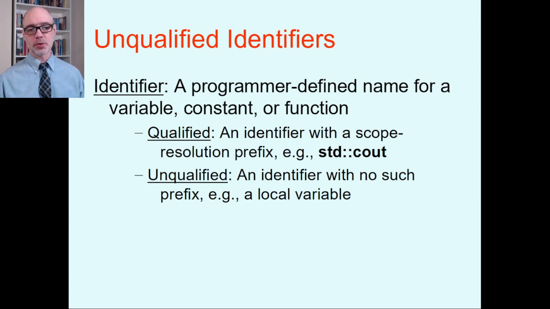Probably what you are doing is you're using unqualified identifiers that don't have a prefix like that. So for example, just a simple basic local variable without a prefix, that's an unqualified identifier. So if you get an error that says unqualified ID expected here, that's a location that probably needed a variable or maybe a constant and you forgot to put it there. So look at that carefully and think about what variable did you actually intend.